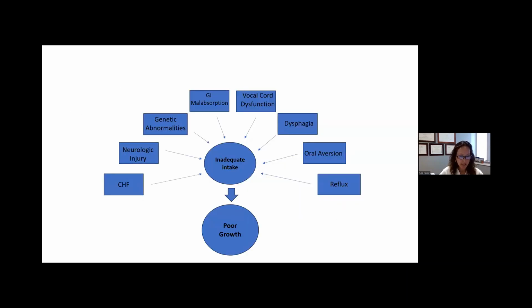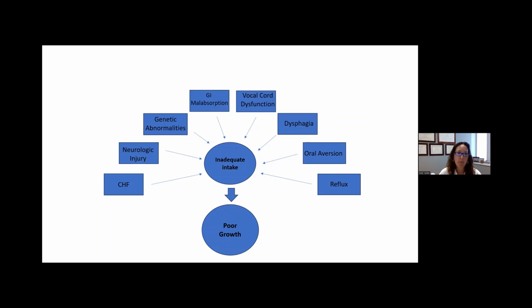So here is a diagram. It just highlights some of the many challenges that these infants with congenital heart disease face that could impact their nutritional status. So there's an increased incidence of oral feeding difficulties, and up to 45% of congenital heart disease infants do require some type of NG or G tube at discharge due to these issues.